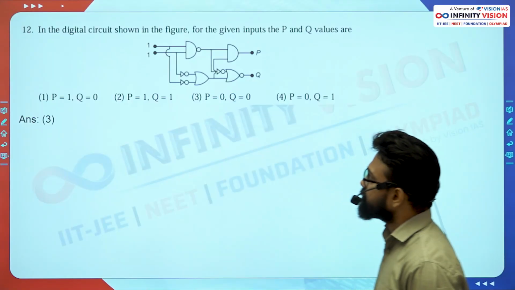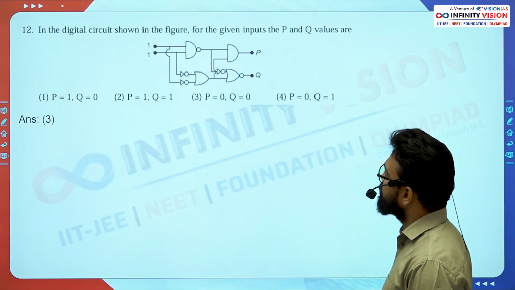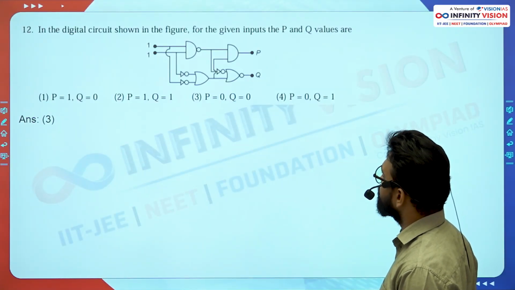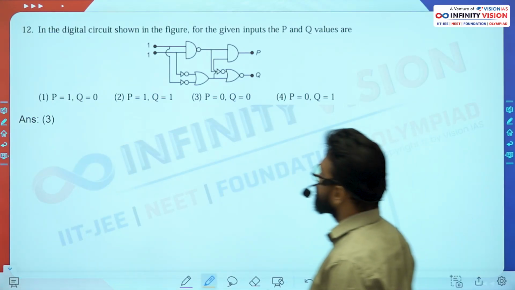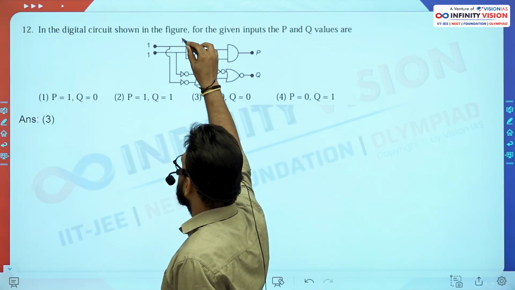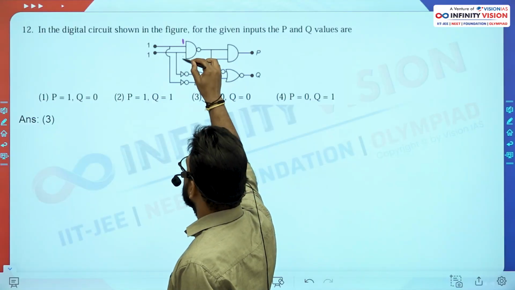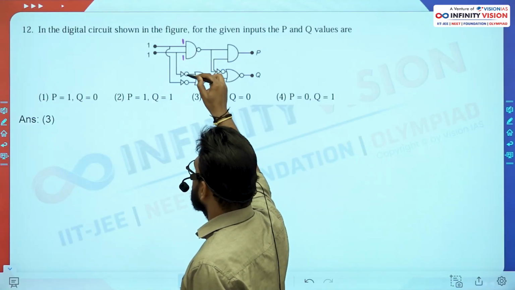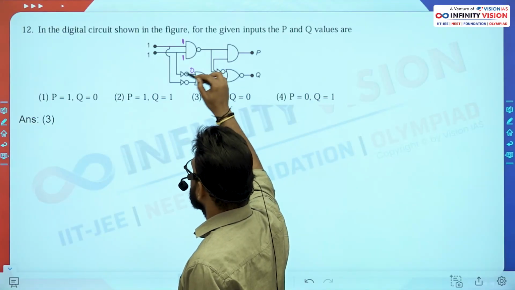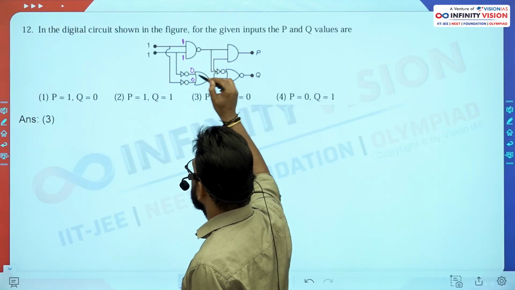Next, in the circuit shown in the figure, the given inputs, what are the P and Q values? Here 1 is fed, it will go over here. 1 also goes over here. From here, this is a NOT gate, so 0 will be fed over here. Again, 0 will be fed over here.